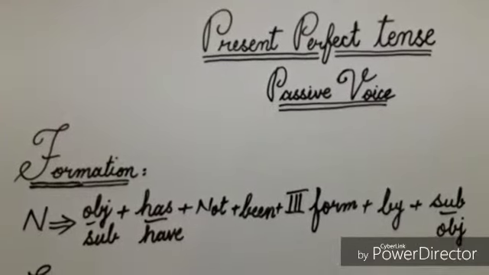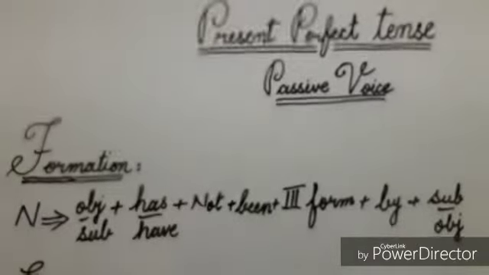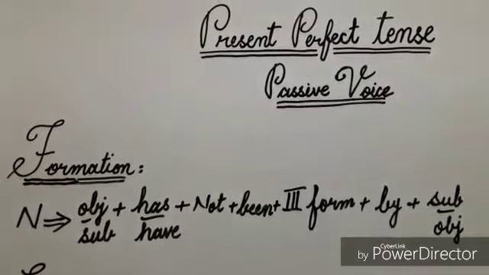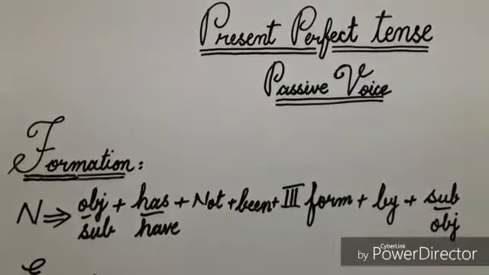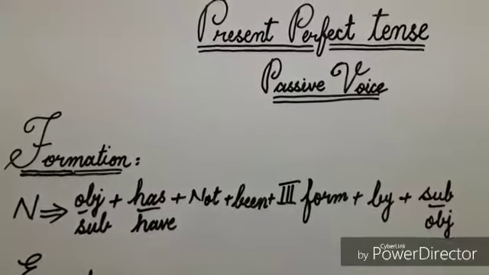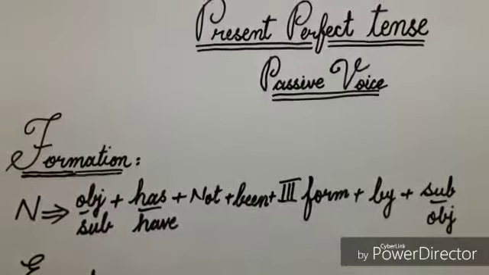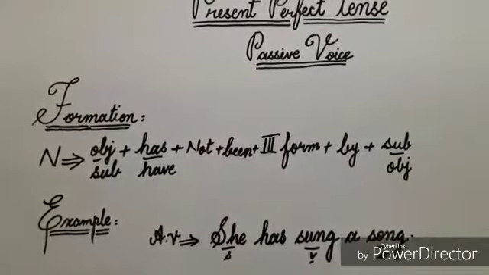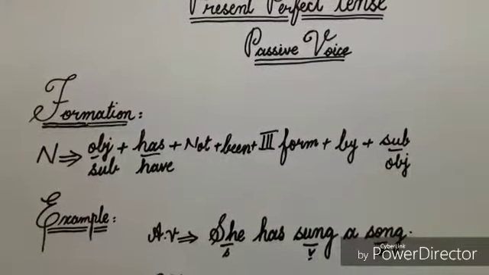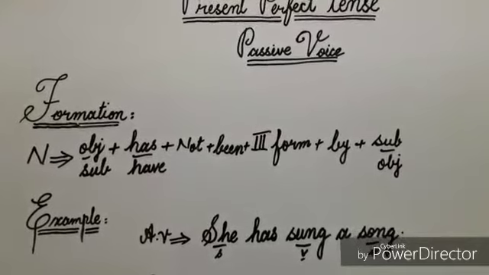Formation for negative sentences is object in subjective condition, helping verb has, have, plus not, plus been, third form of verb, preposition by, and subject in objective condition. Now I'll explain this formation by example. She has sung a song.